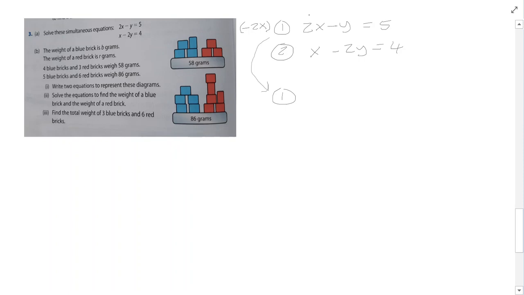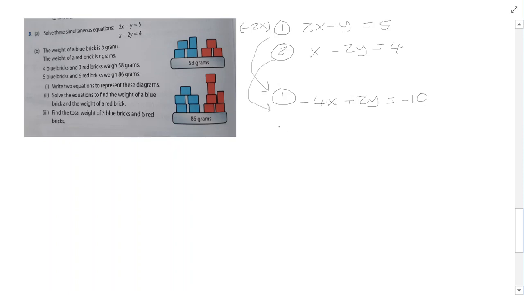Minus 2 multiplied by 2x gives us minus 4x. Minus 2 multiplied by minus y gives us plus 2y. Minus 2 multiplied by plus 5 gives us minus 10, so it is equal to minus 10. And then we just bring down the other expression underneath it.